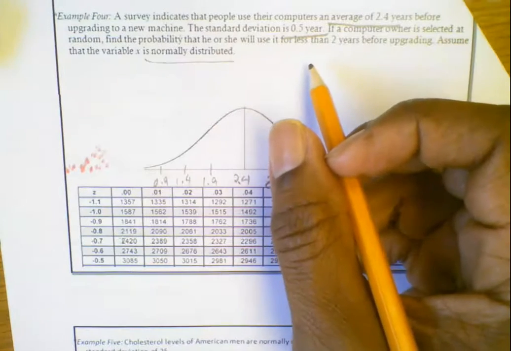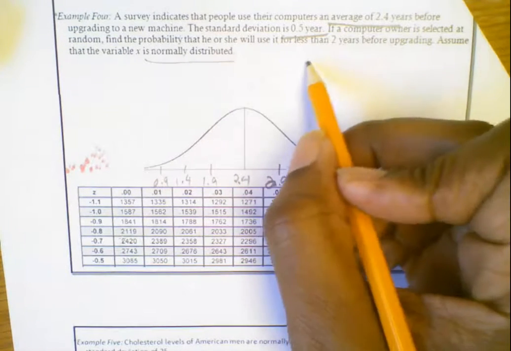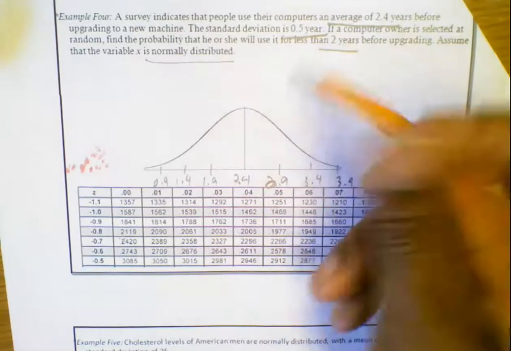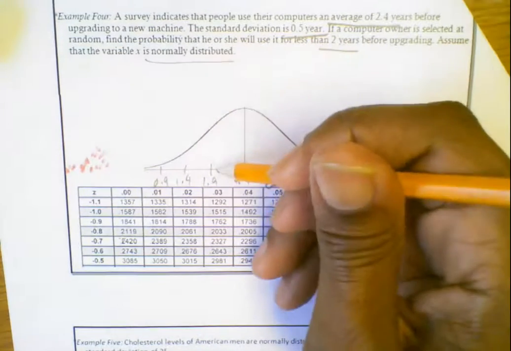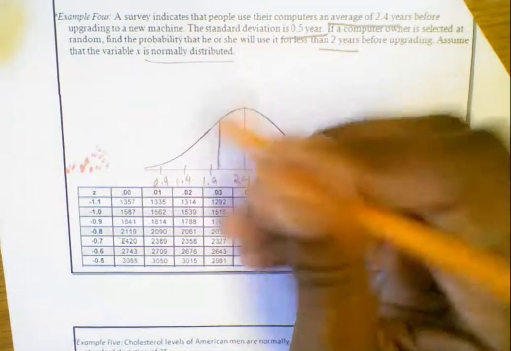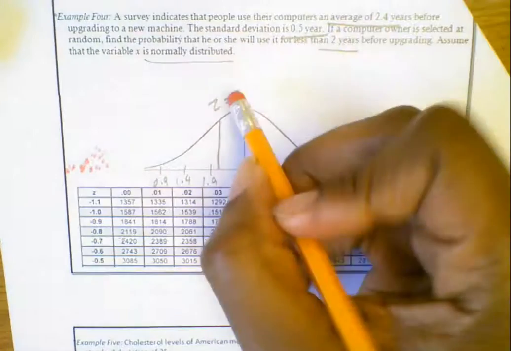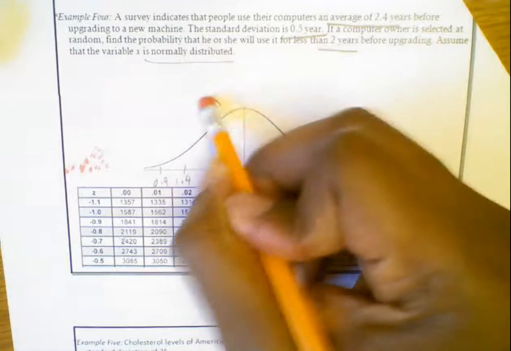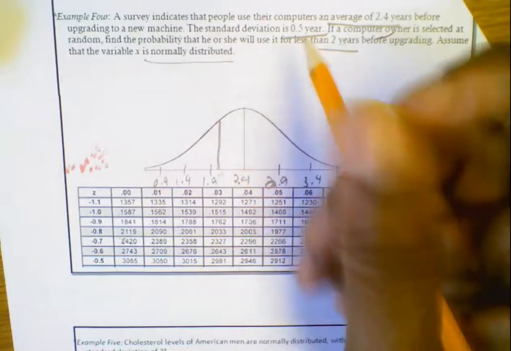They want to know what's the probability that a person will use their computer less than 2 years. This is 2.4 years, and 2 years is probably around right here. Well, actually, the data point is at 2, and we need to know the z-score there.